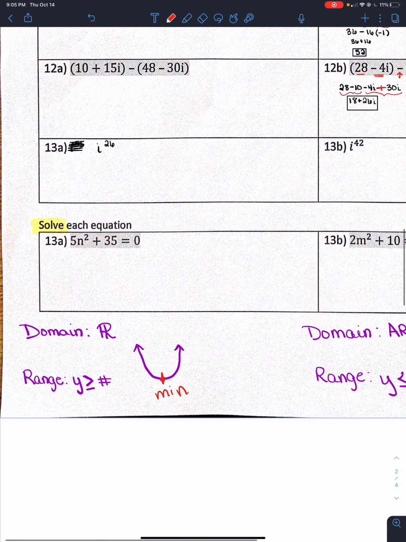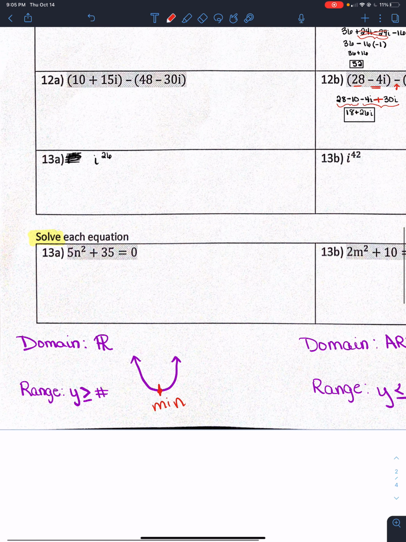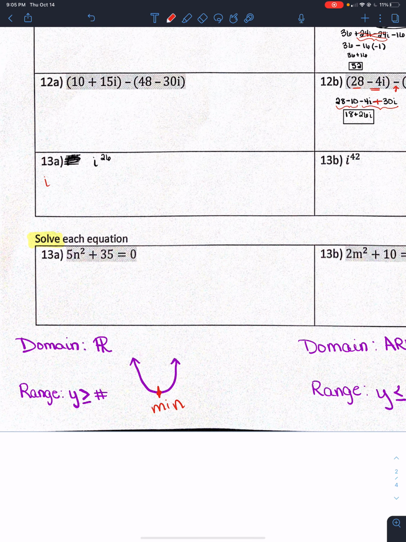Okay, so we need to know that i to the first is equal to the square root of -1. Okay, or just i is that.